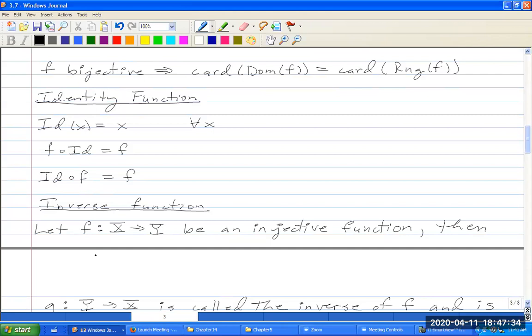The inverse function. Let f be a rule mapping x into y, and let this be an injective function.